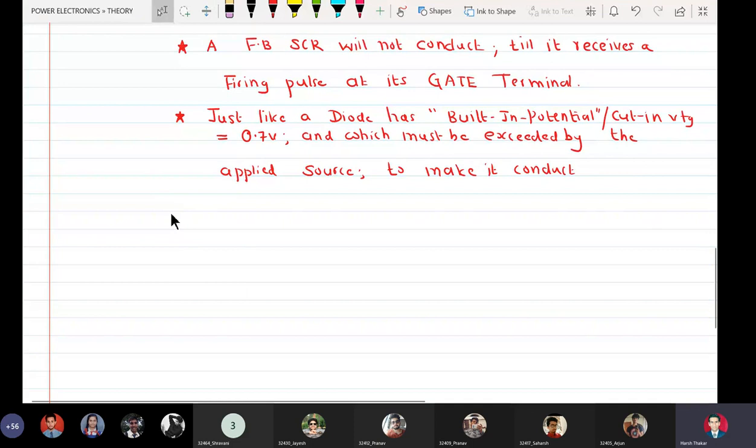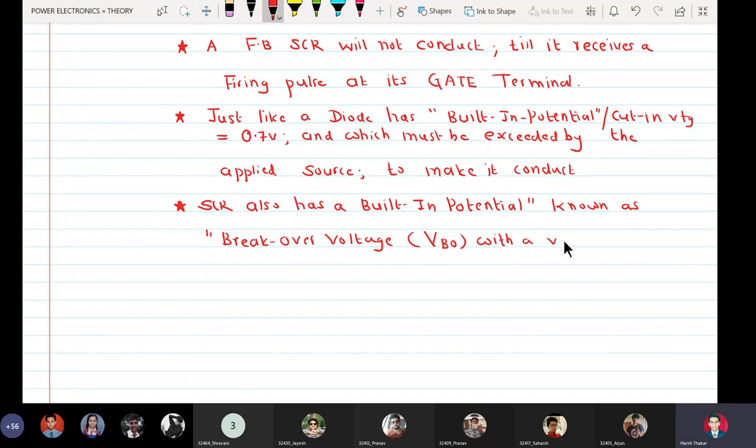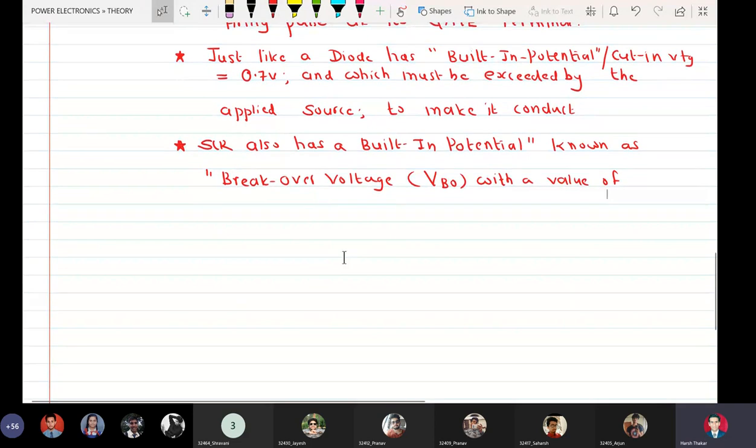SCR also has a built-in potential known as breakover voltage, which is denoted as V subscript BO, with a value of 600 volts.